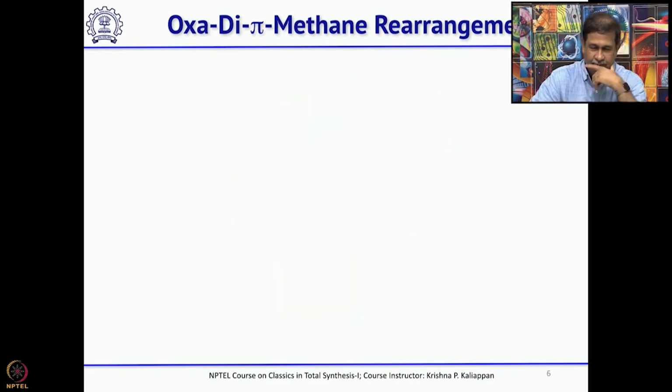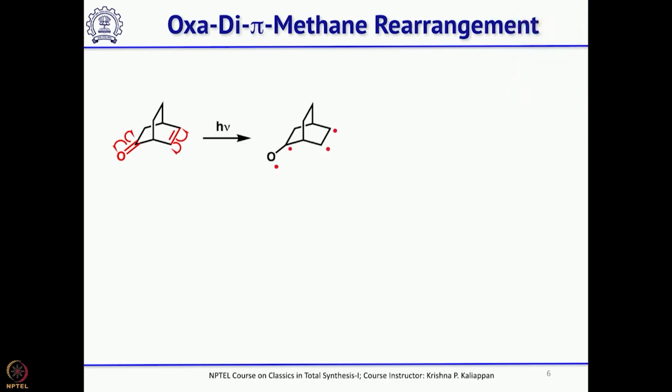Okay. And one can do this on a bicyclic system, tricyclic system, and here is an example where you have a bicyclic system. So, that will give a tetra radical like this, and then immediately you can see it will form a cyclopropane.